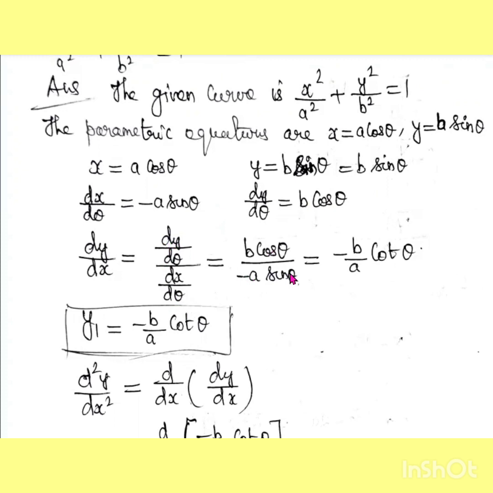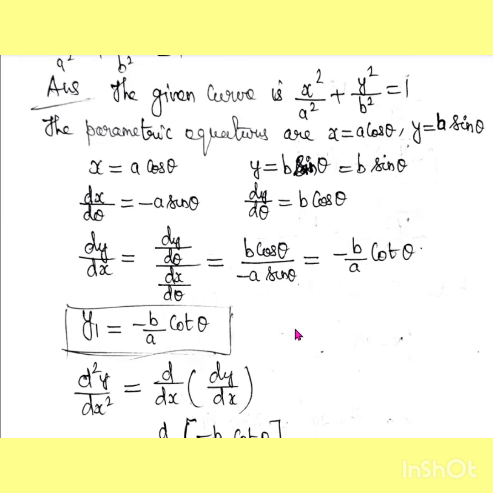So b cos theta divided by minus a sin theta, which is equal to minus b by a cot theta, because cos by sin is cot. So y1 is equal to minus b by a cot theta.